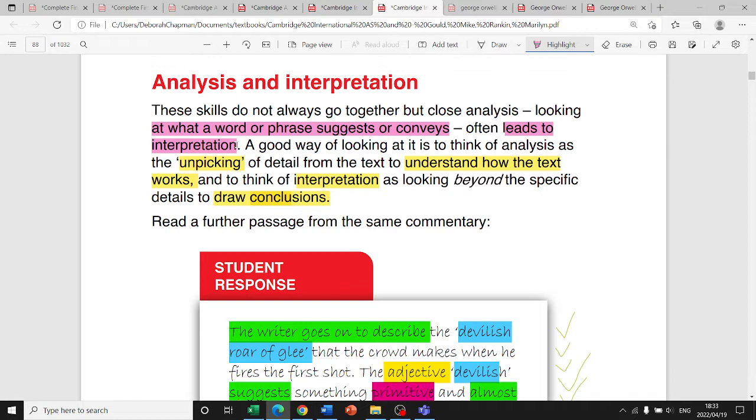So you've got to start unpicking all of those little details, so you can start taking out the wool and looking at all the little fine details as you run this wool through your hands.